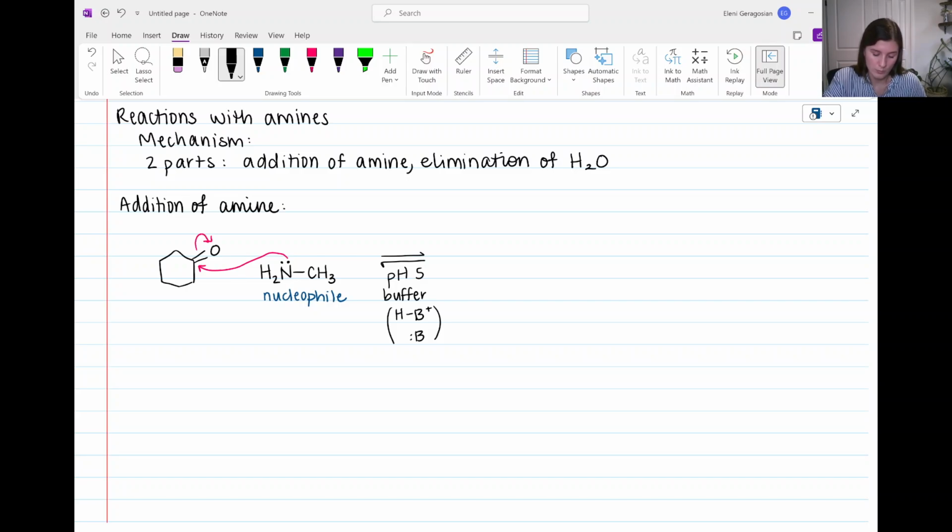Okay, so we've added the nucleophile, the amine, to the carbonyl carbon. The carbonyl oxygen now has a negative charge. Our nitrogen is still bonded to 2 hydrogens and the CH3 group. So nitrogen has 4 bonds here.